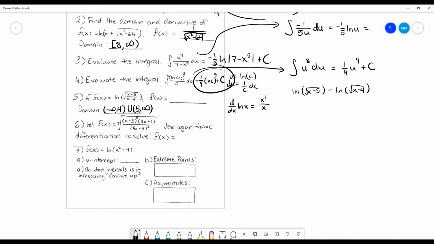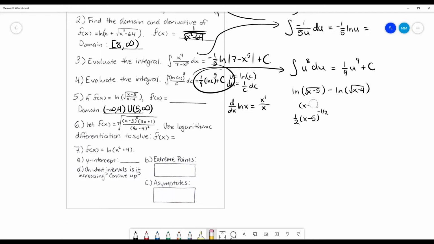So I could rewrite it like that, which means now taking the derivative is taking the derivative of each piece. Well, that makes it a lot easier, so I don't have to use that quotient rule. Instead, I've just got chain rule. So I'm going to drop that exponent in front. The derivative of x minus 5 is just 1, so it doesn't change much. And it's the interior. Subtract 1 from the exponent.